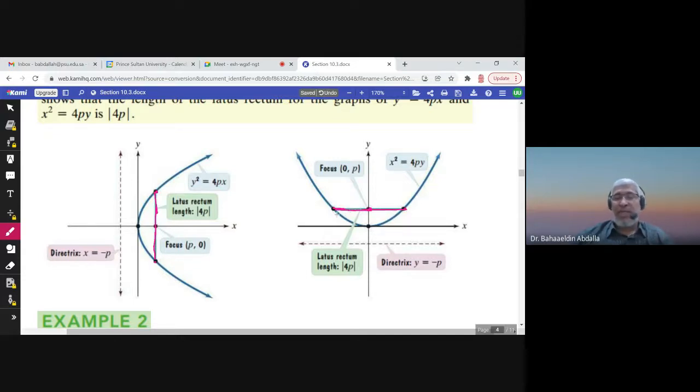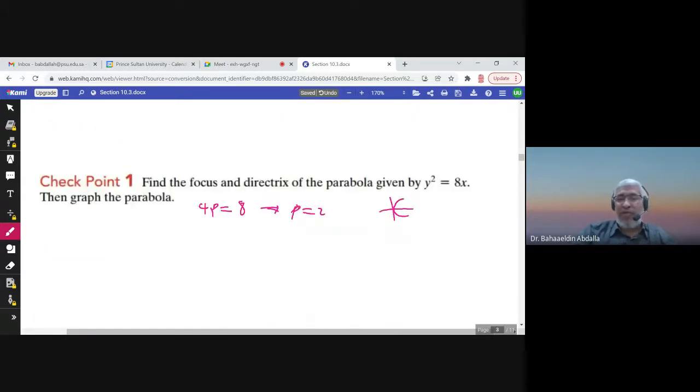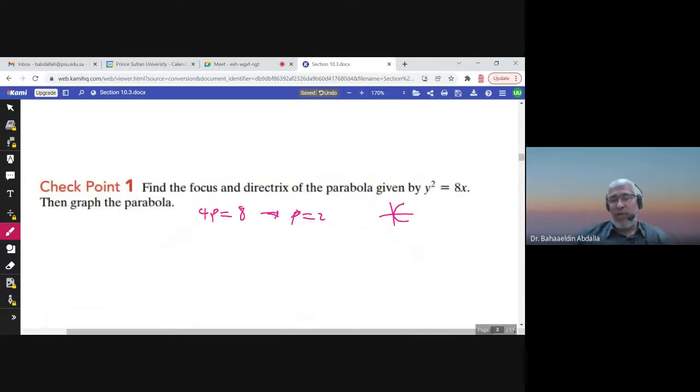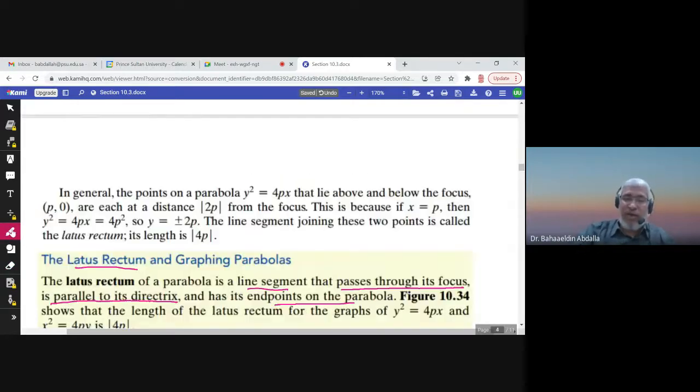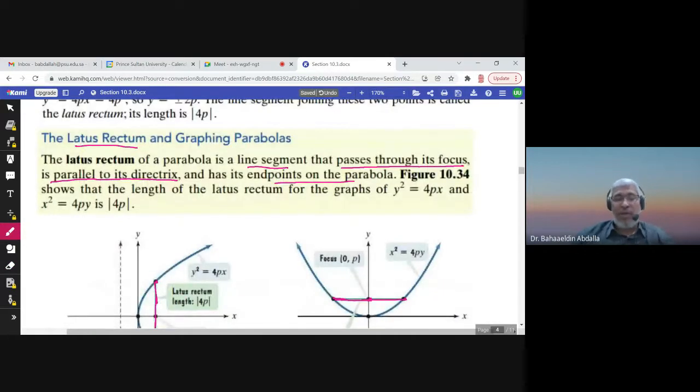This latus rectum, this line segment, determines the opening of the parabola. So here, when we graphed, I'm not sure whether the opening is like this or like this, okay? So how to determine the opening of the parabola? We use the latus rectum. So finding the latus rectum will help us to graph an accurate parabola.